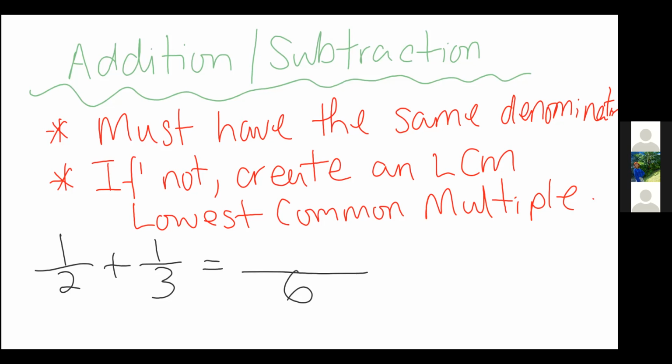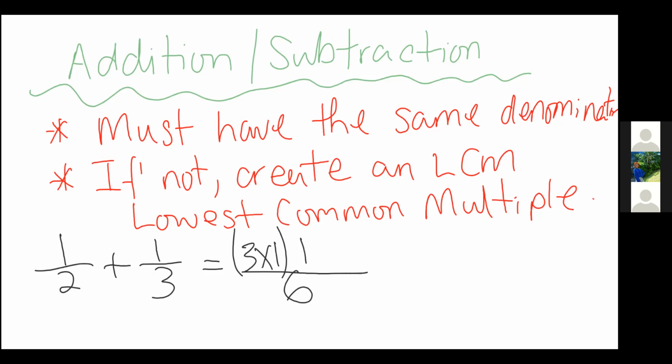What most people do is they just multiply the two numbers, 2 by 3, right? So now we say, how many times can this denominator go into my LCM? So I say 2 into 6 is 3. And I take that 3 now and multiply it by my numerator, which is 1.